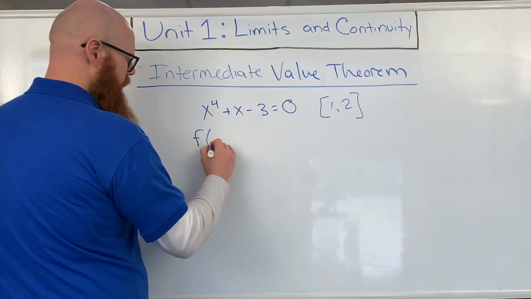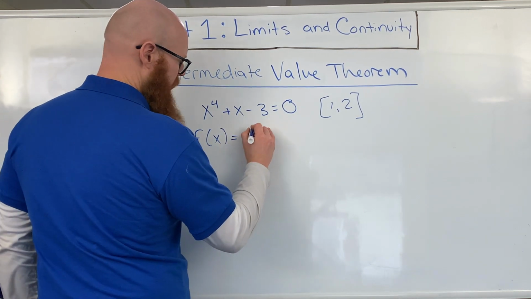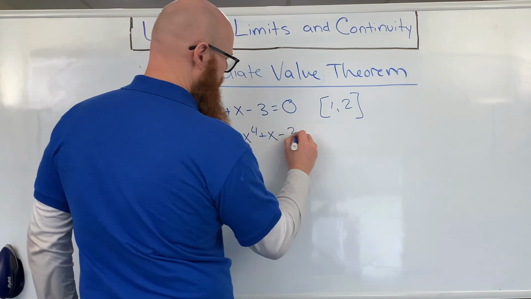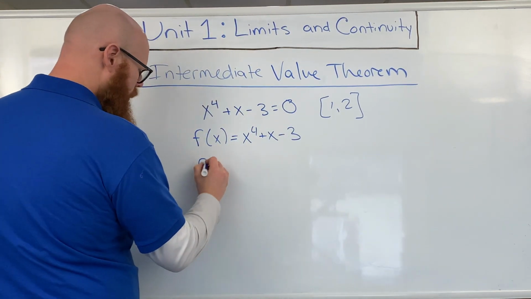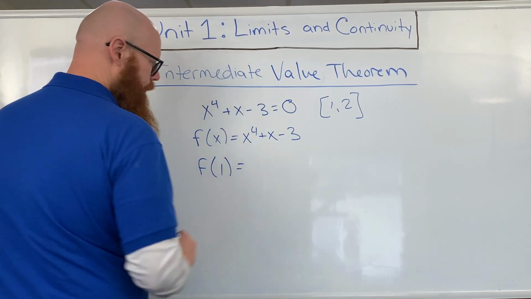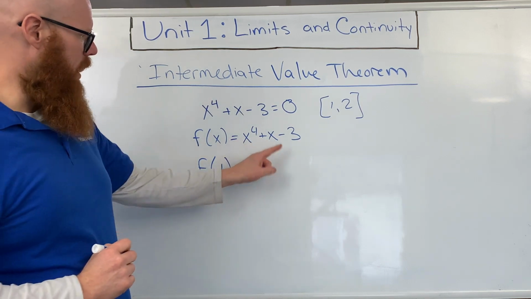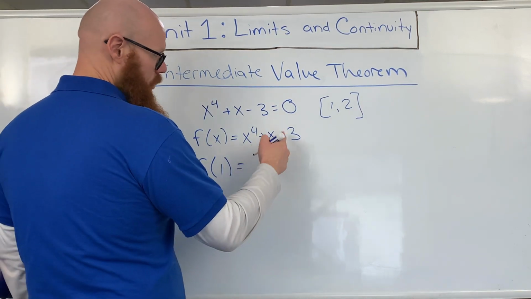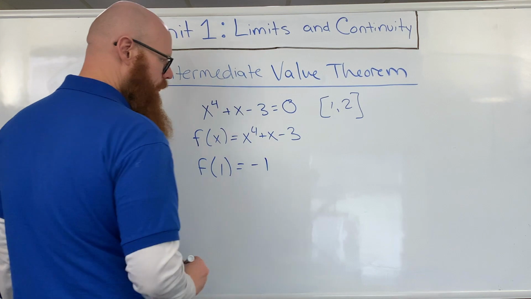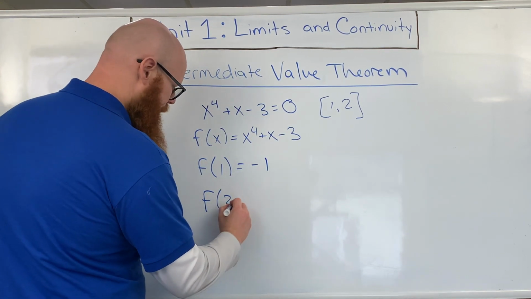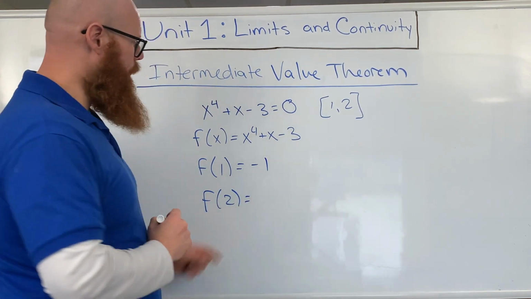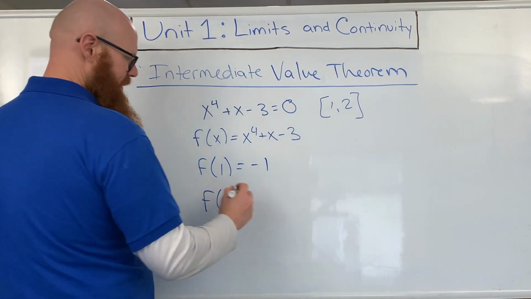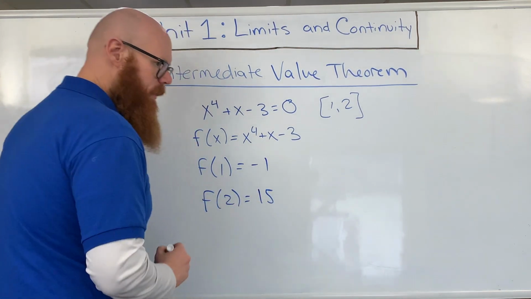So we're going to think of this as a function: x to the 4th plus x minus 3. The first thing I want to do is find f of 1. So f of 1 is 1 plus 1 is 2, 2 minus 3 is -1. And then I want to find f of 2. Well, 2 to the 4th is 16, plus 2 is 18, minus 3 is 15.